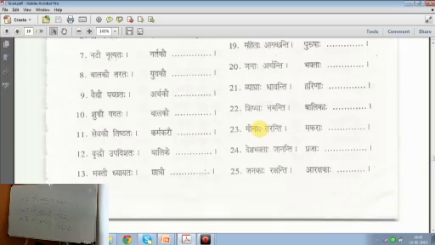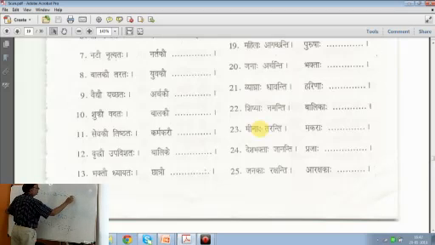Balike, now what is balike? This is feminine dual. Don't be confused here. Balike is coming from a Strilinga Shabda, so a little recalling is required here. This is the feminine noun. Balika, Balike, Balikaha. If you remember, we have done it previously.